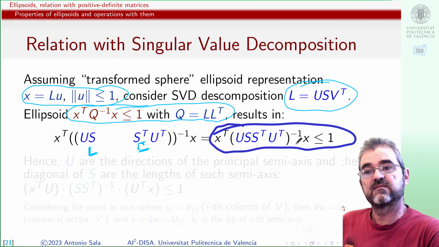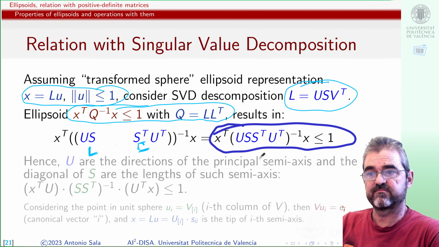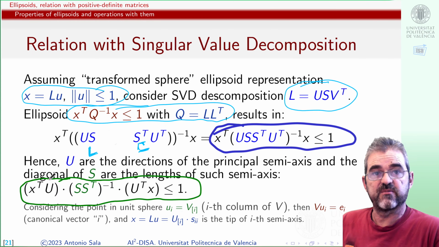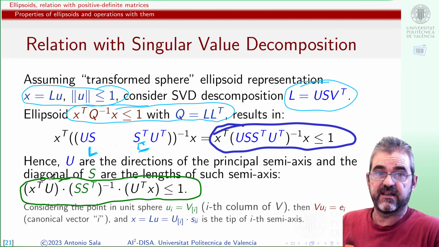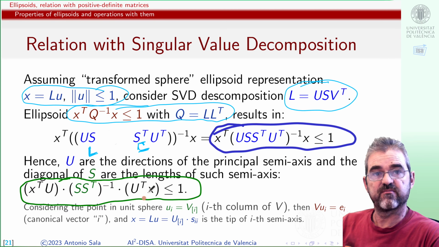And in fact, carrying out operations, as the inverse of U is also the transpose, the ellipsoid we are obtaining can be shown to have that equation, which means that as S transposed will be a diagonal matrix, sort of Q after a rotation by U, the rotation by U will align this ellipsoid.